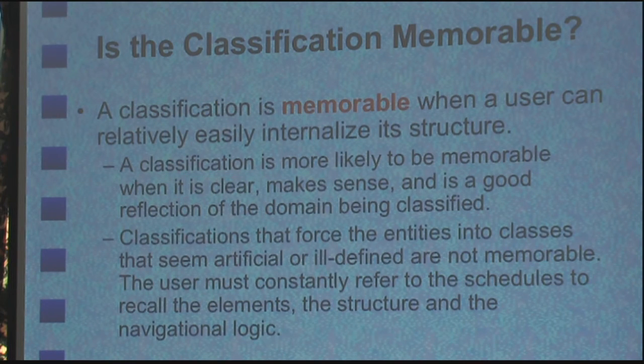Now, my brother-in-law is a psychiatrist, and he has to use the DSM, the mental disorders classification. I forget what the initials stand for. But he says it's so not memorable that psychiatrists have to have little cheat sheets that they consult each time it's anything outside of the usual 10, 20 codes that they're using. It doesn't make sense in a way that a psychiatrist understands the notion of mental disorder, and it's tricky and complex.